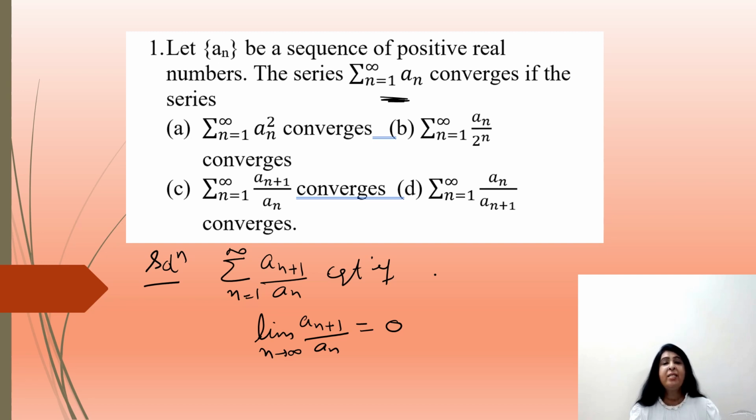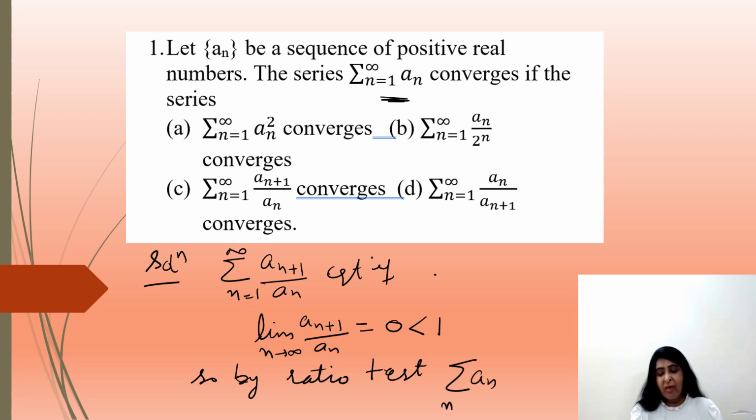This is the result. Now 0 is less than 1. So by ratio test, this series sigma An, n varies from 1 to infinity, is convergent. So the option C is correct, right?